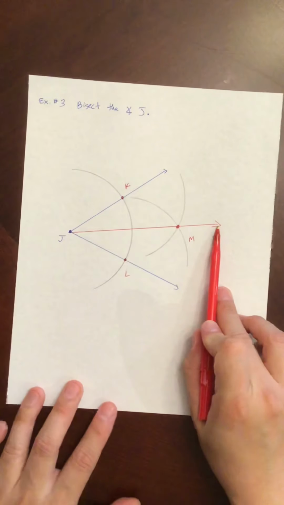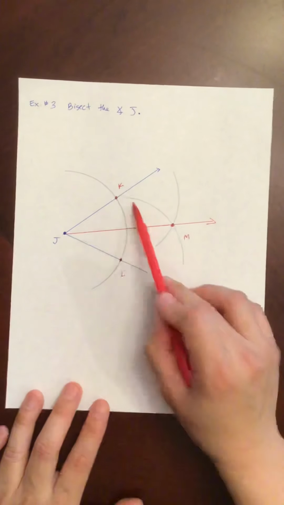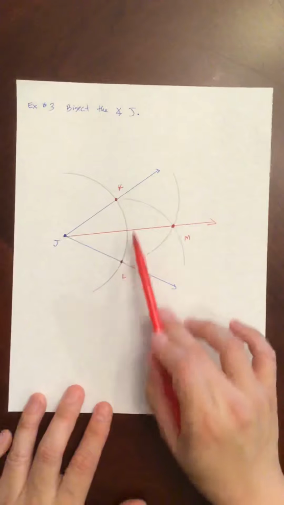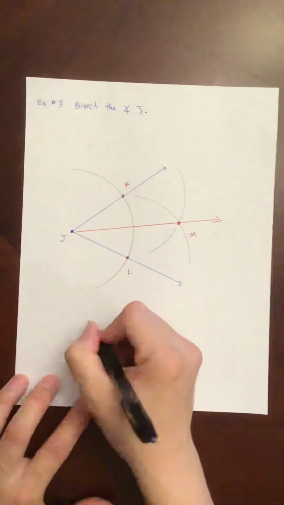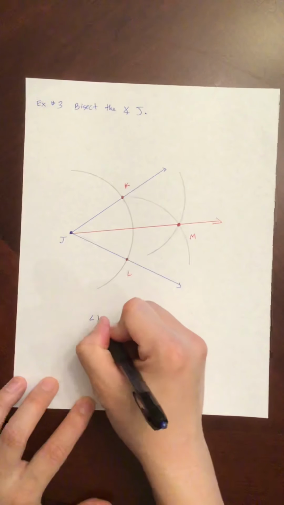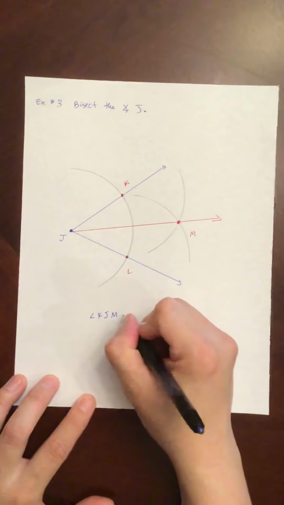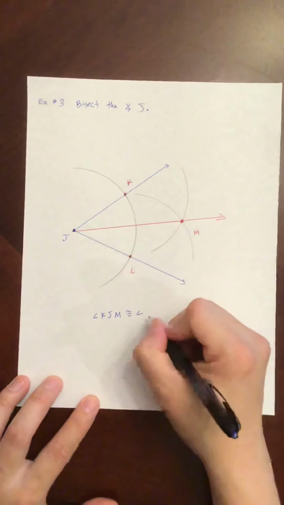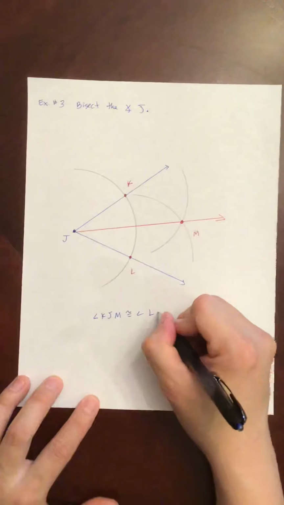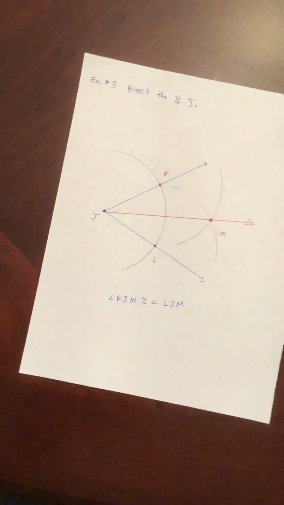What happened is I ended up cutting angle J and making it two smaller angles which are equivalent. In other words, angle KJM is congruent to angle LJM. So I ended up creating two small angles which are congruent.